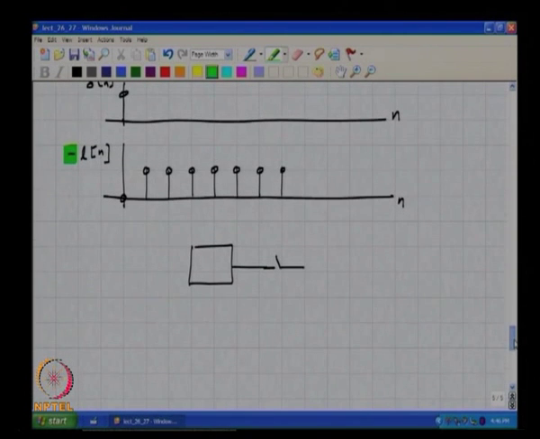Now, the loop filter has a transfer function Z inverse by 1 minus Z inverse. So, if you want to do this in continuous time, what is going to happen? Let us assume a DAC pulse shape. So, let us see what we need to put in the loop filter.